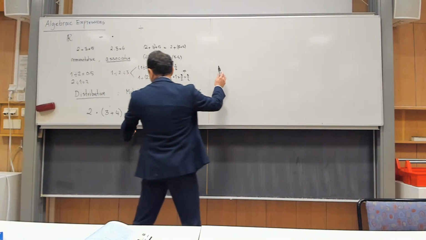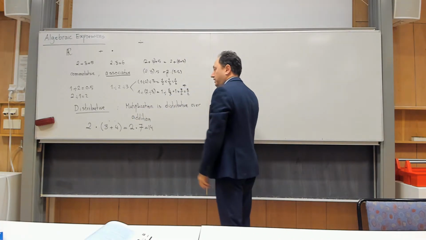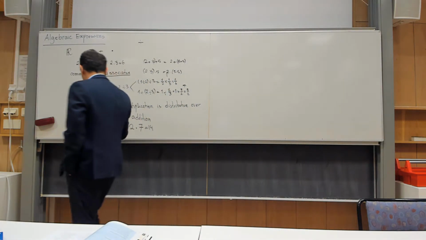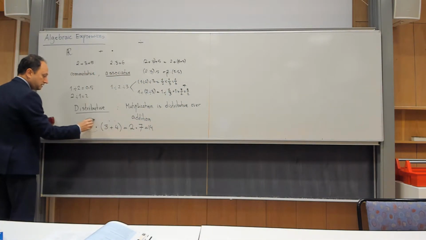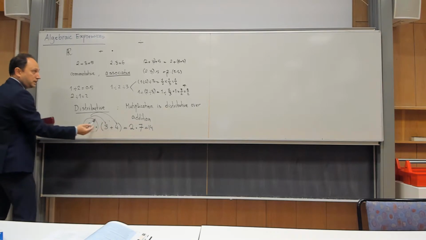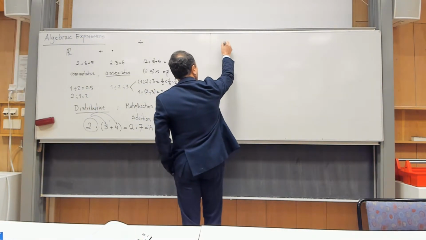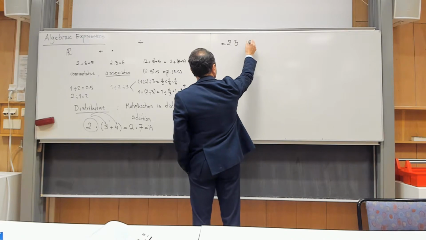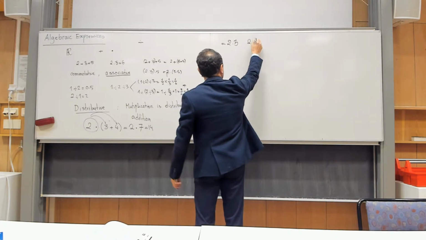Another property is you can calculate it in a different way. You can start distributing this into this pair of brackets, by multiplying 2 by 3, so it becomes 2 times 3, and then 2 times 4, and then add them.